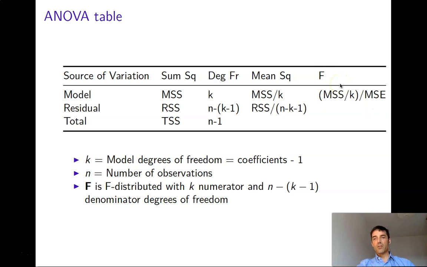And that is the basis for an F test. If you have a value somewhere close to 1, then that's consistent with the null hypothesis of the model not being a useful predictor. And if you have a very large value, that's inconsistent with that null hypothesis.